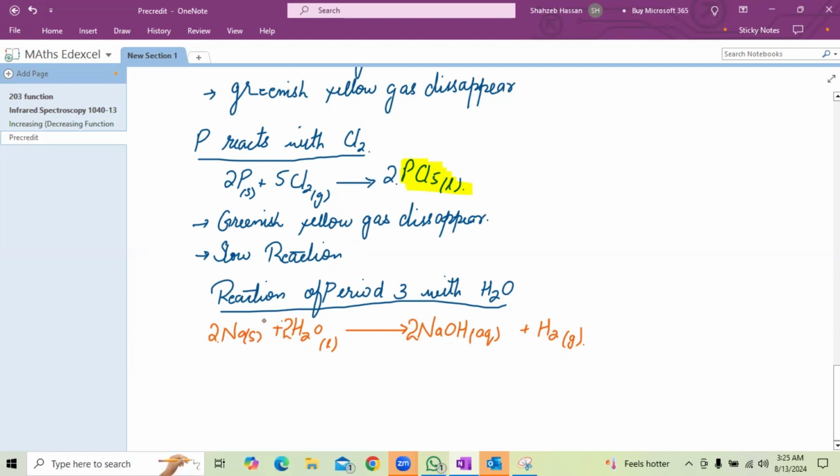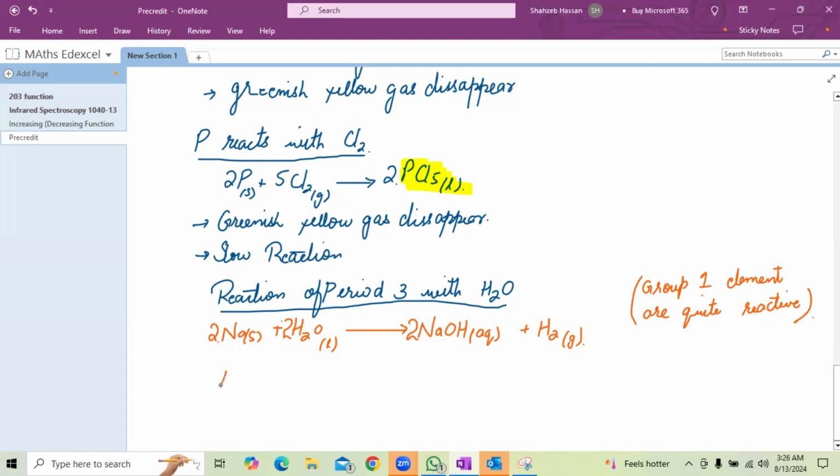Okay. And remember one thing, as we know that group 1 elements are quite reactive. They are quite reactive because they have only one electron to lose. They are quite reactive because of having one electron in the outermost shell.